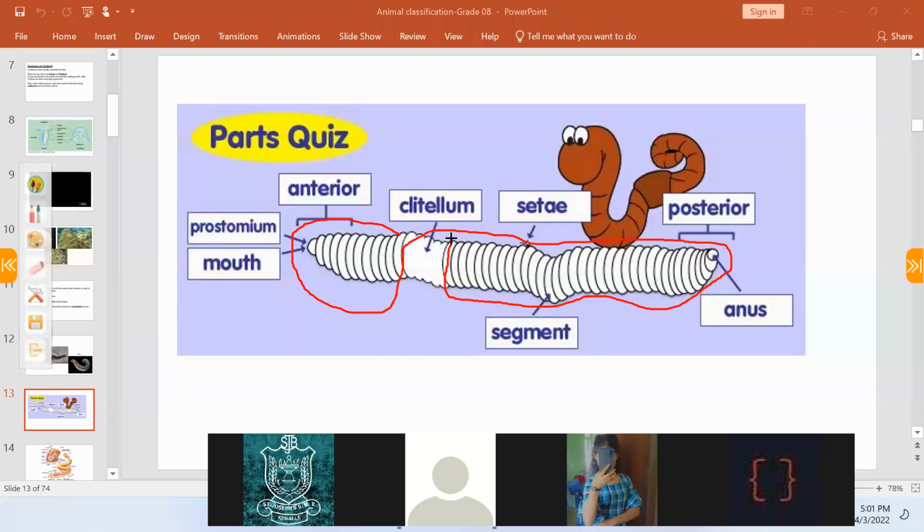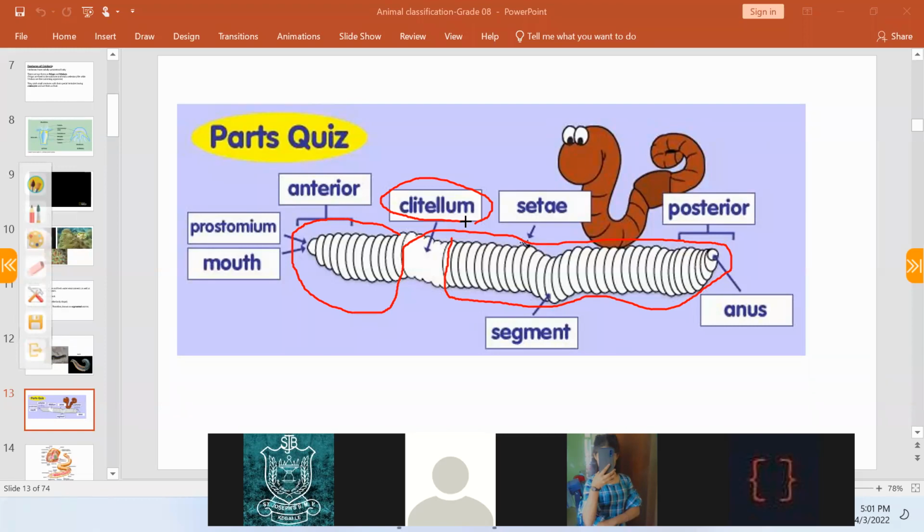Okay. And look at this word, clitellum. Clitellum means the place where the sexual organs are collected. Most of annelids are bisexual. Bisexual means both male and female parts are located in the same animal.